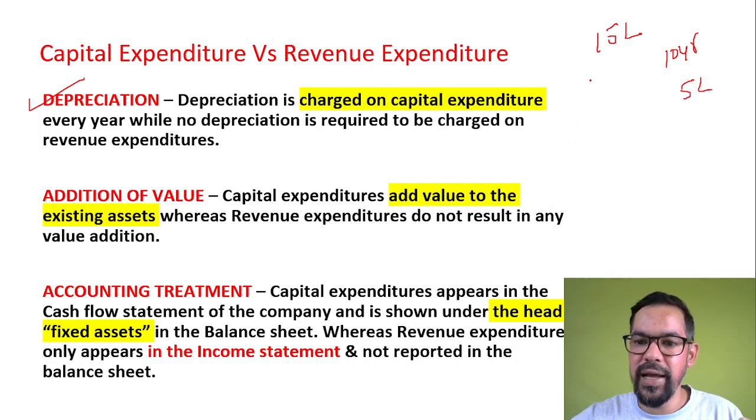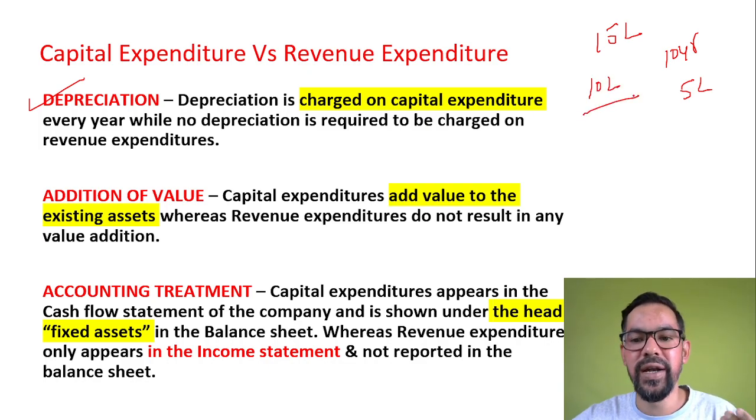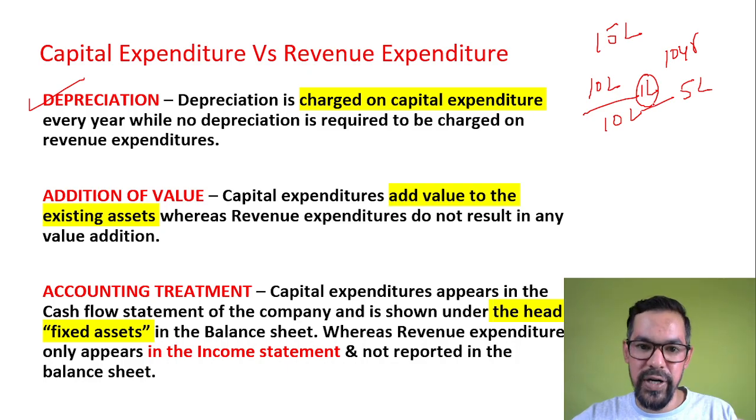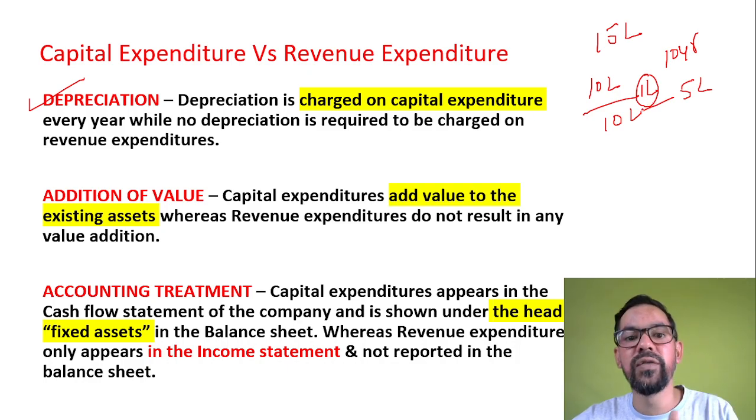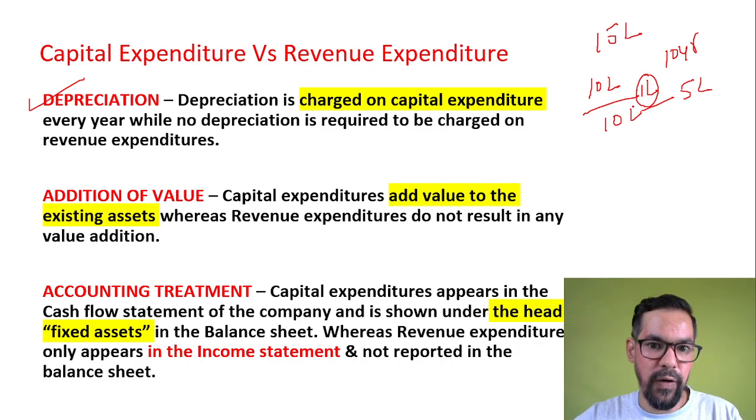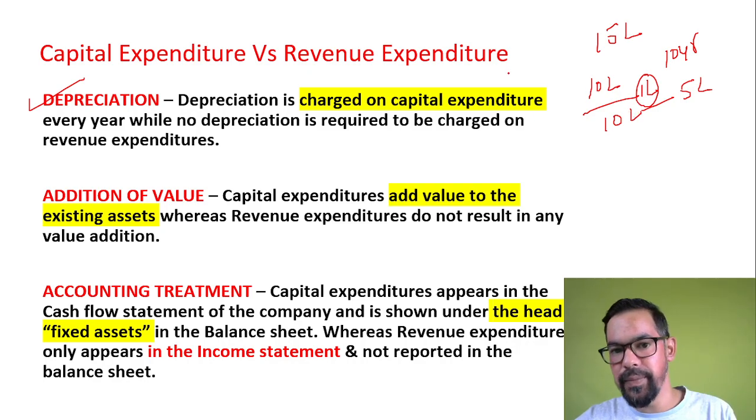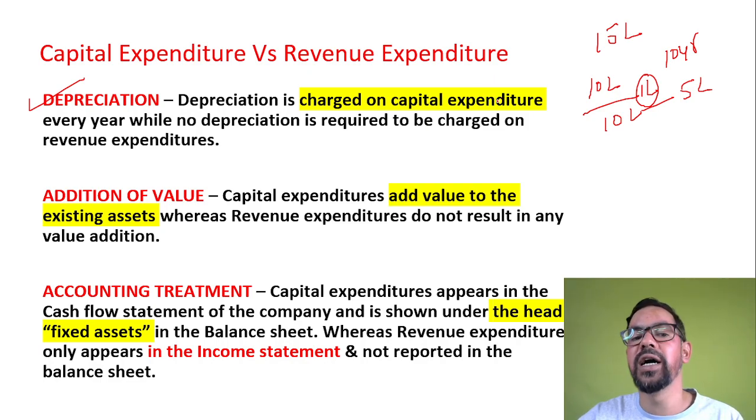So you have 10 lakh divided by 10 if you go with the straight line method. So every year you have to make a provision of 1 lakh rupees depreciation, which will be debited from your profit and loss account, and it will be credited to your provision account for this depreciation. Okay, so depreciation is generally charged on these capital assets, but not on the revenue items.